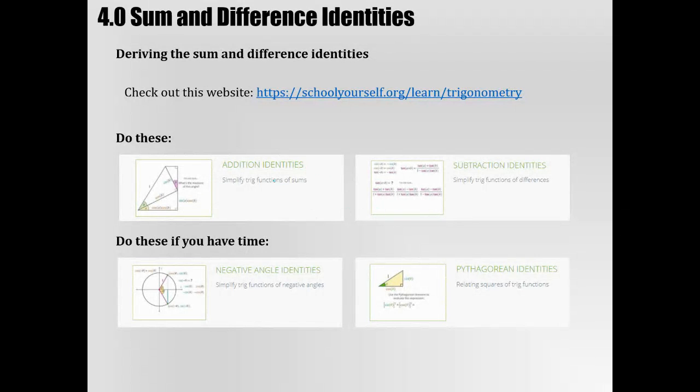So it's the addition identities. We just did the sum and the difference, so those are the most relevant right now. But you can also look at the one for the Pythagorean identities, which we've talked about, as well as the negative angle identities. And there's more on there as well. I encourage you to take a look at that. It's a great website that lets you check your understanding as you're going.